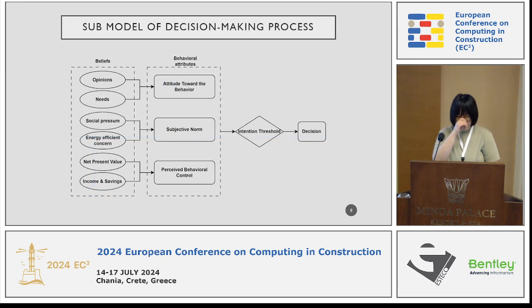The decision rules, we said, use the theory of planned behavior. So in the model, agents make decisions based on this theory. The theory of planned behavior explains human behavior through 3 attributes: attitude toward the behavior, which is the first column, subjective norm, and perceived behavioral control.